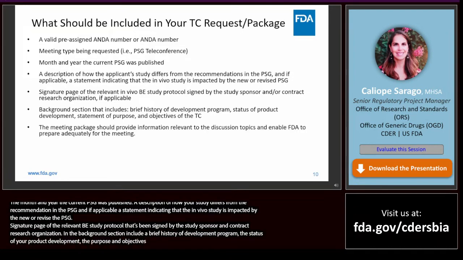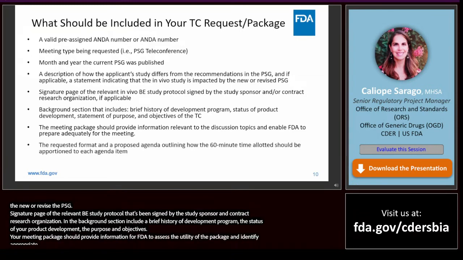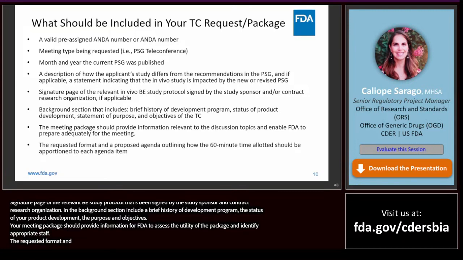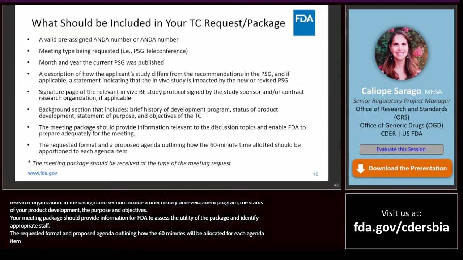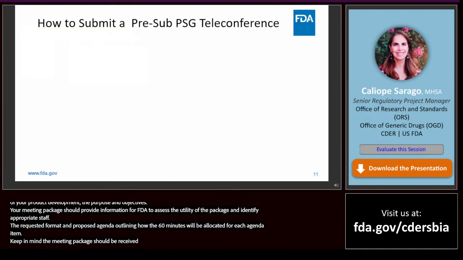Your meeting package should provide information for FDA to assess the utility of the package and identify appropriate staff. The requested format and proposed agenda outlining how the 60 minutes will be allocated for each agenda item. Keep in mind the meeting package should be received at the time of the meeting request.